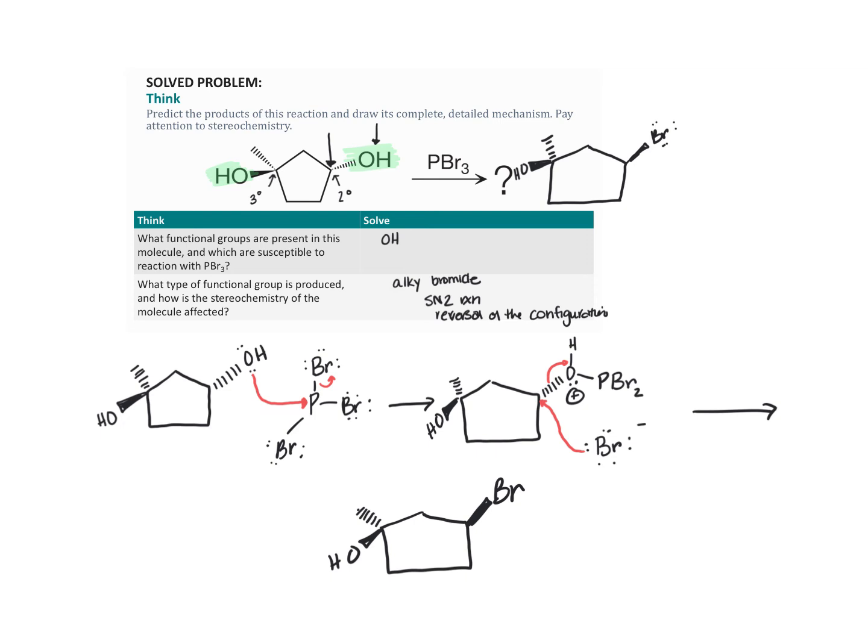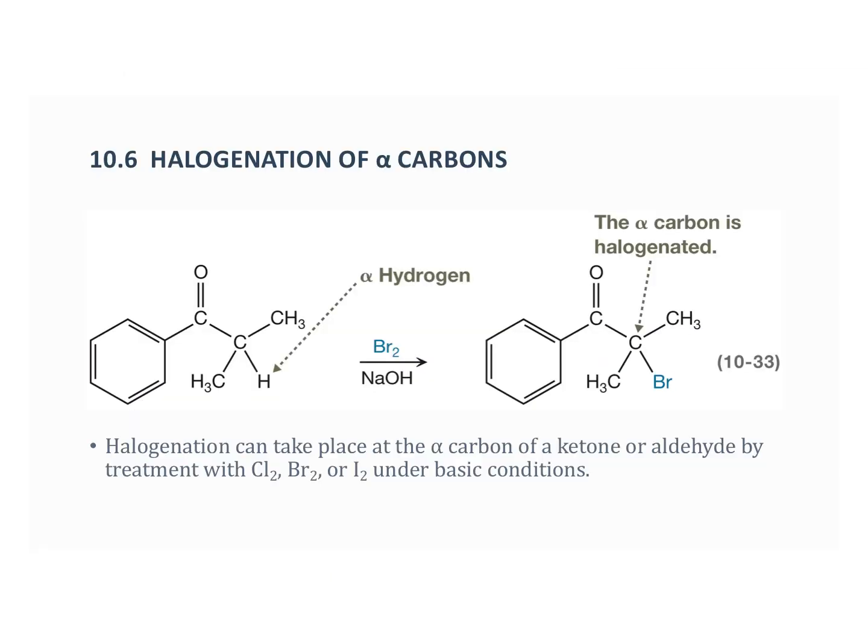Now, so far we've studied two functional group transformations that convert a poor alcohol leaving group into a good halide leaving group. In the next section, we're going to examine reactions that place a halide leaving group on a carbon that does not initially have a leaving group at all. So let's look at this guy over here.